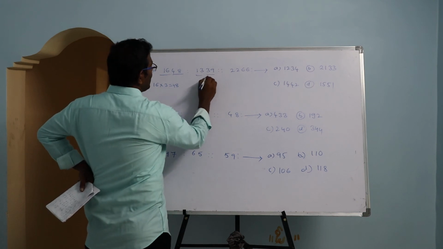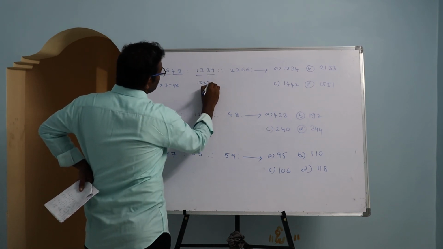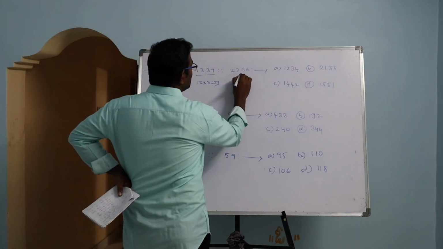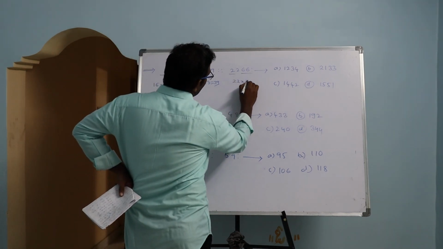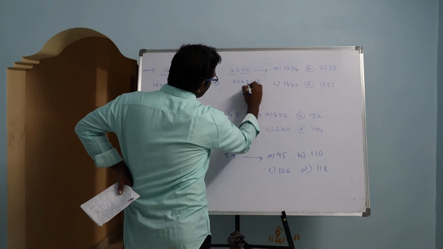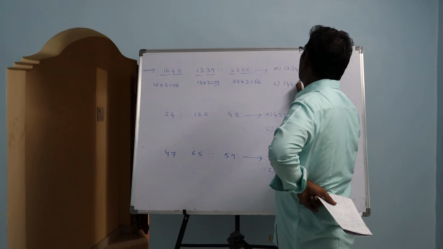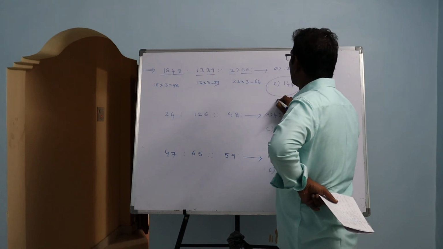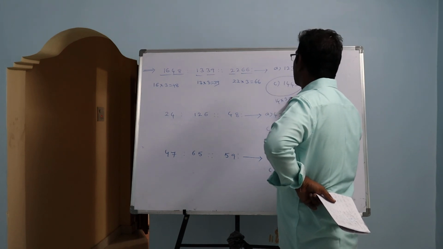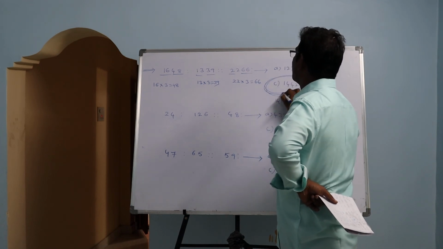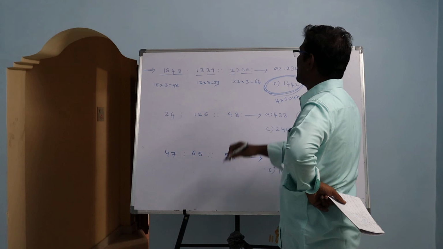In the same way 13 threes are 39. 22 threes are 66. By using the given options, 14 threes are 42. By elimination, option C is the correct option.